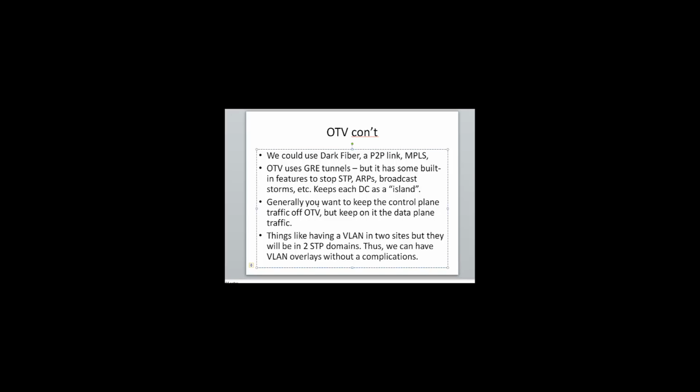Also, you would want to generally keep OTV control plane traffic off OTV, but keep data plane traffic going on there. So one of the biggest selling points is vMotion, and also disaster recovery as well. Also, things like having VLANs in 2 sites, but they will be in 2 different STP domains. Thus, we can have VLAN overlays without any complications, which is kind of what we touched on a little bit earlier today.